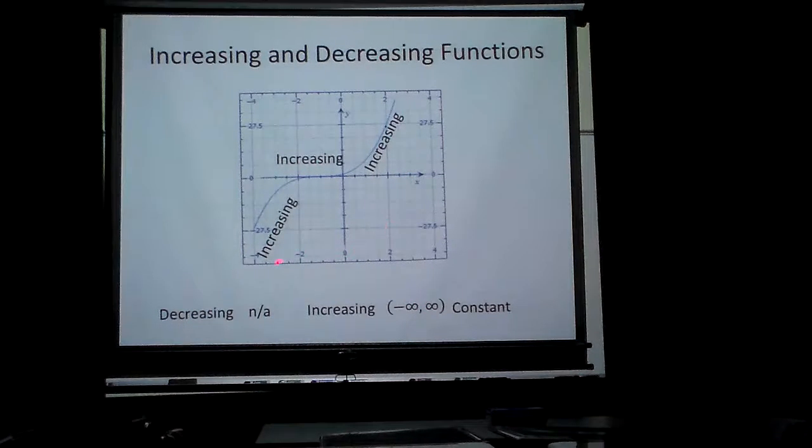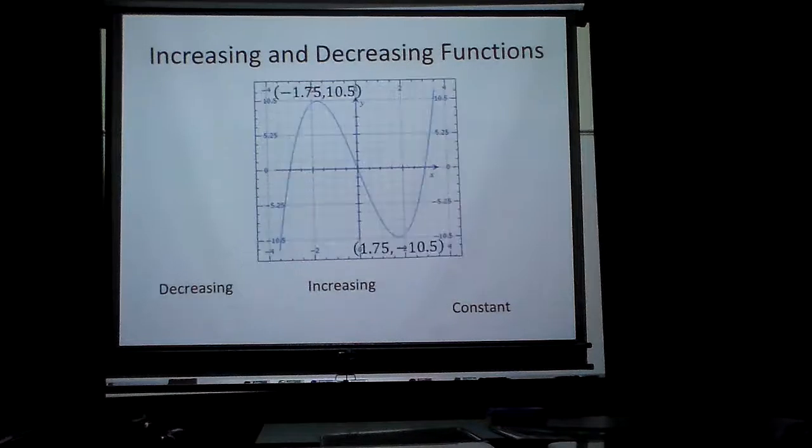It's only graphed from about negative 4 here to a little past 2 that we can see, but the y values get bigger here, and it does go from negative infinity to infinity. And notice, they're parentheses, and infinities are never brackets anyway. But increasing, decreasing never have brackets. Is it constant anywhere? It looks like it's flat there, but yet it's still increasing at all this point. It's not constant anywhere.